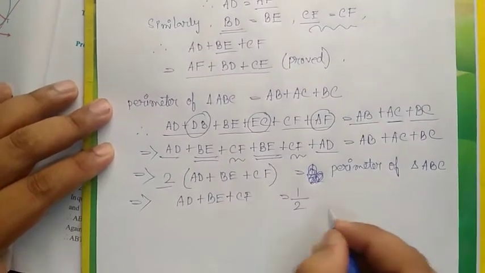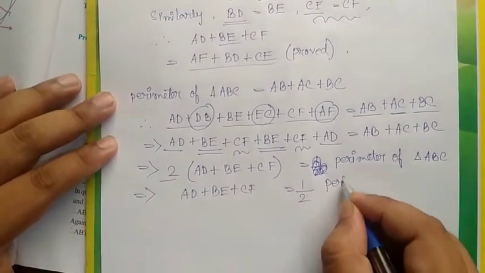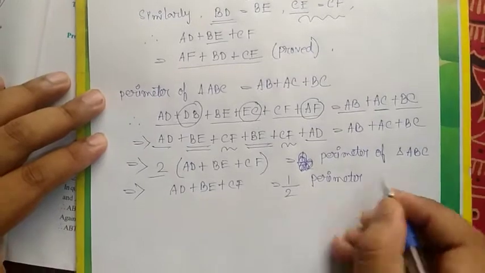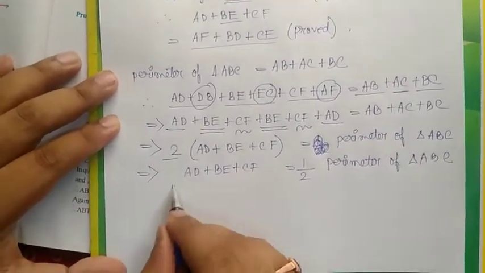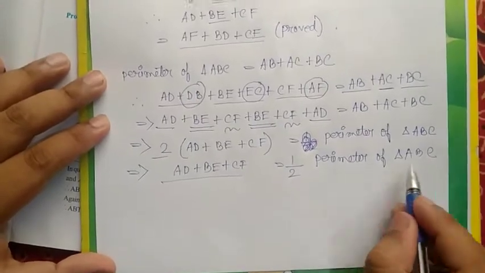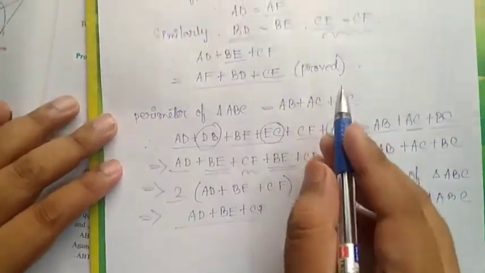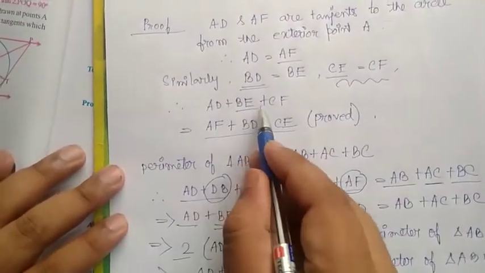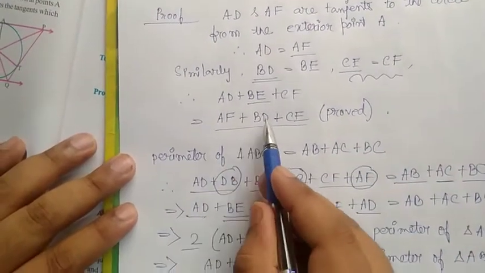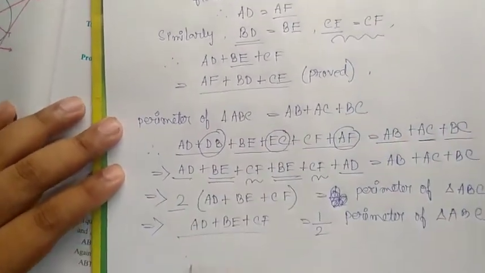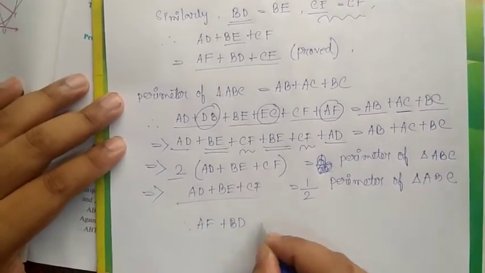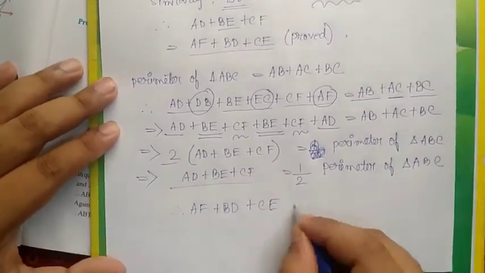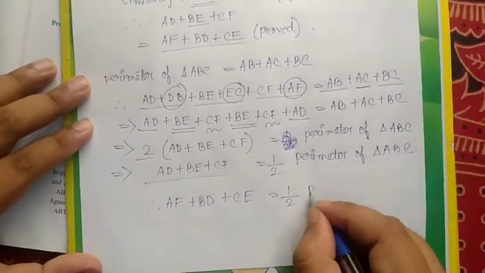Since AD plus BE plus CF equals half the perimeter, AD plus BE plus CF equal to AF plus BD plus CE also. So AF plus BD plus CE is also half of the perimeter of triangle ABC. Therefore proved.